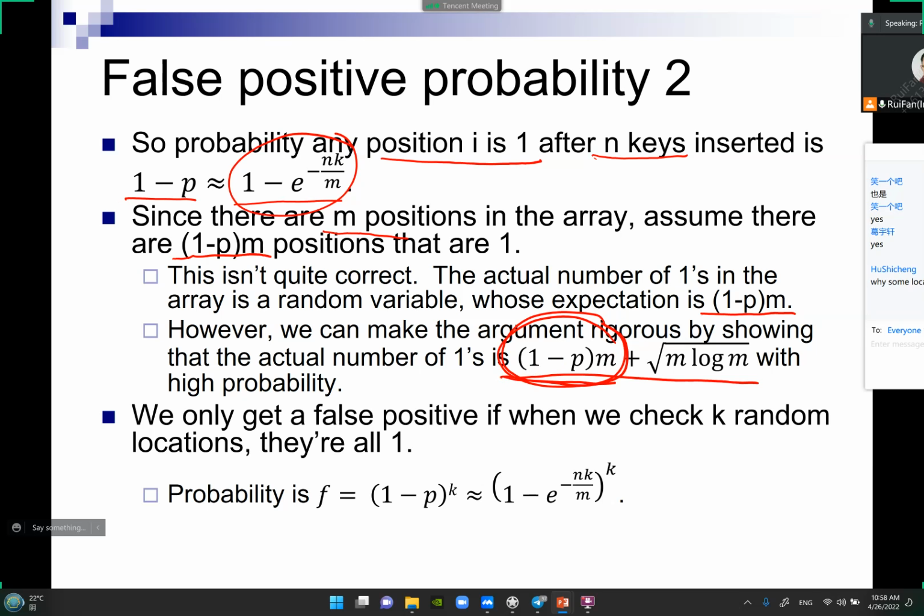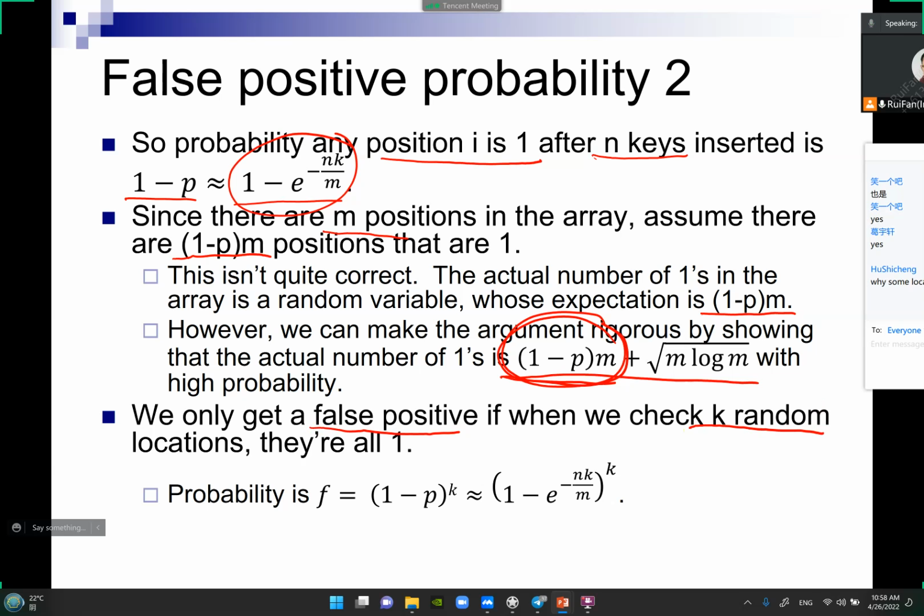Now we're trying to bound the false positive probability. You get a false positive if you check k random locations using your k hash functions, and all of them are 1s.